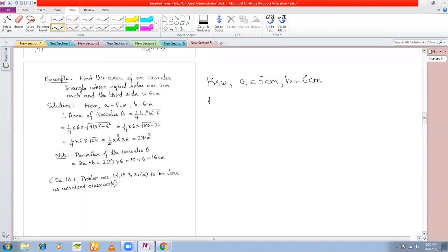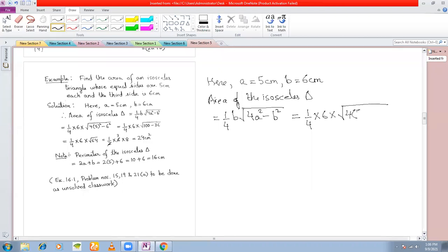So therefore, area of the isosceles triangle is equal to 1/4 b root 4a square minus b square. Is equal to 1/4, b is 6, into root over 4 into a square minus b square.